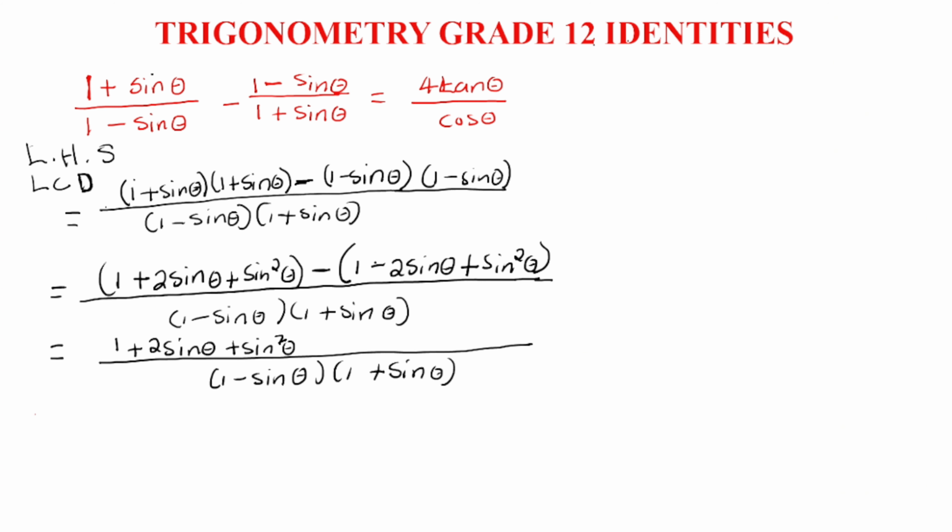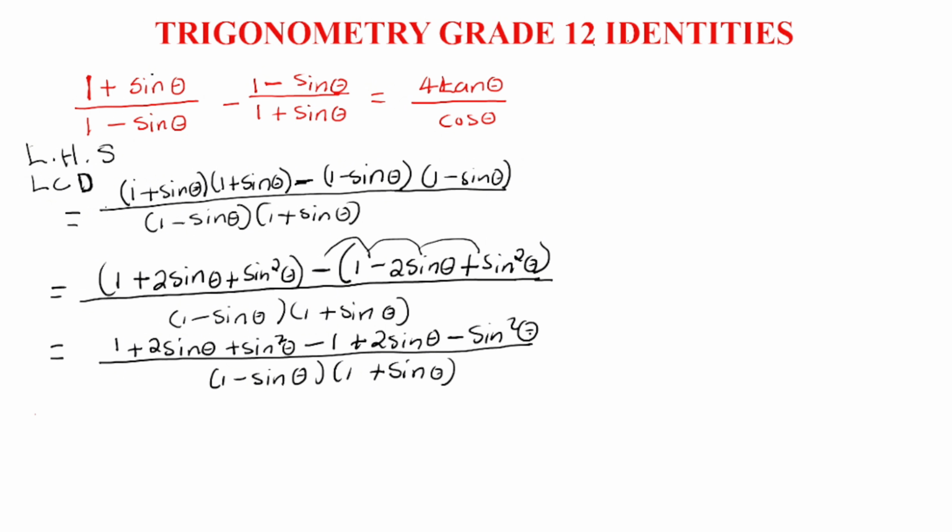Then we just need to multiply by a negative throughout here. Here we go: minus 1. And then negative times negative is going to give us positive 2 sine theta. And then a negative times a positive is going to give us negative sine squared theta.